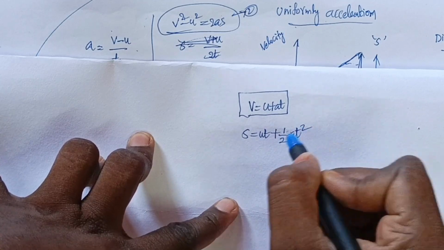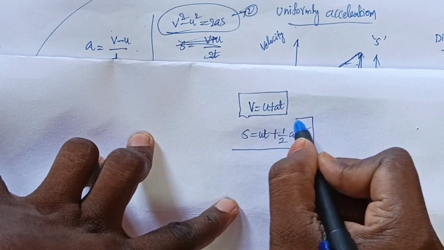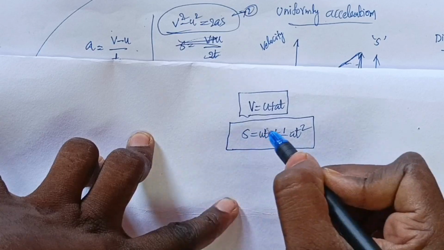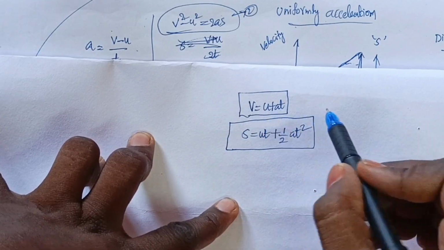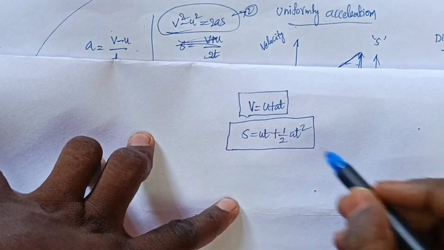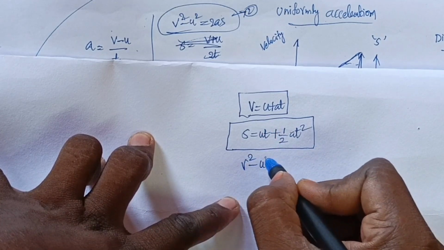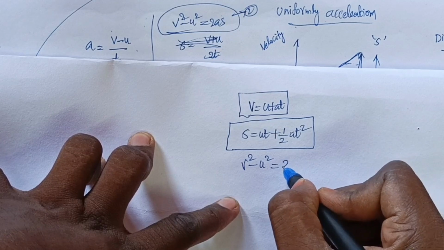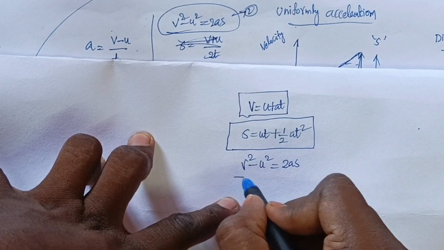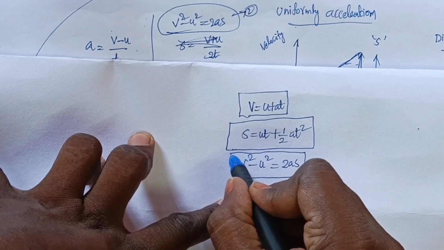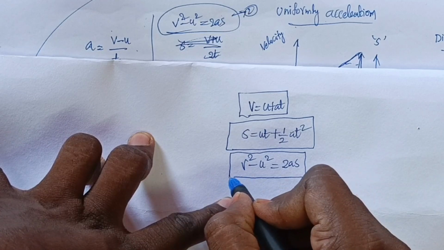It is obtained by taking the integration, or the area under the curve, of the v-t graph. Similarly, the next equation is v square minus u square is equal to 2as. So these are the three major important equations of motion.